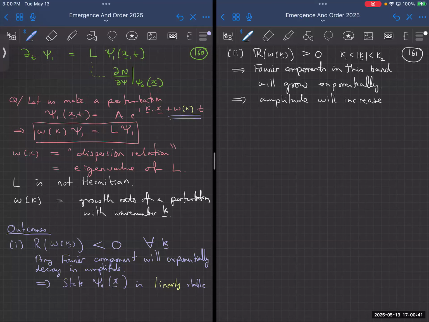Again, it's not a self-consistent calculation. Once the real part becomes positive, it's going to grow and eventually violate the self-consistency that we talked about last time.